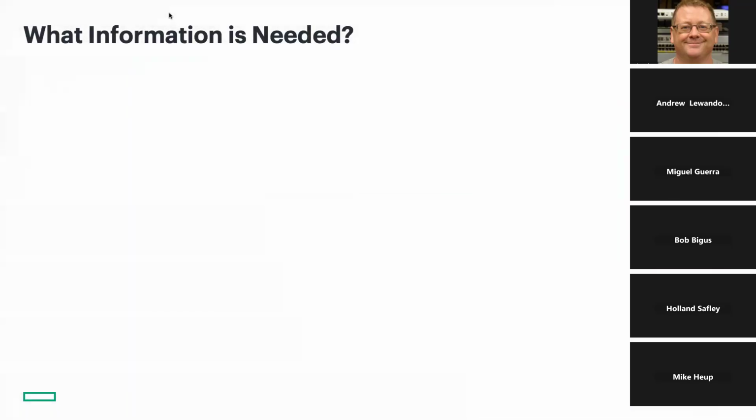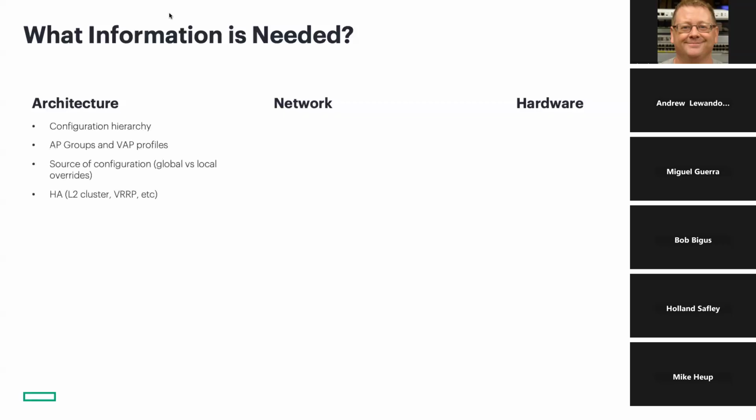So when preparing for AOS 10 migration, I'm going to start with this slide here: the key areas to focus on for your discovery effort. On the topics of architecture, network, and hardware, start with your config hierarchy, how your AOS 8 environment is structured and where settings are inherited, and the rest of the settings here.